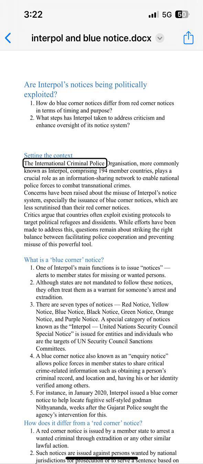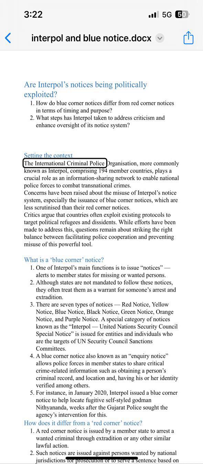This is the notice through which the affected country can warn the other countries about the criminal activities of the person who has already taken shelter in another country, where they can warn that because of this person there is going to be a threat to public safety.